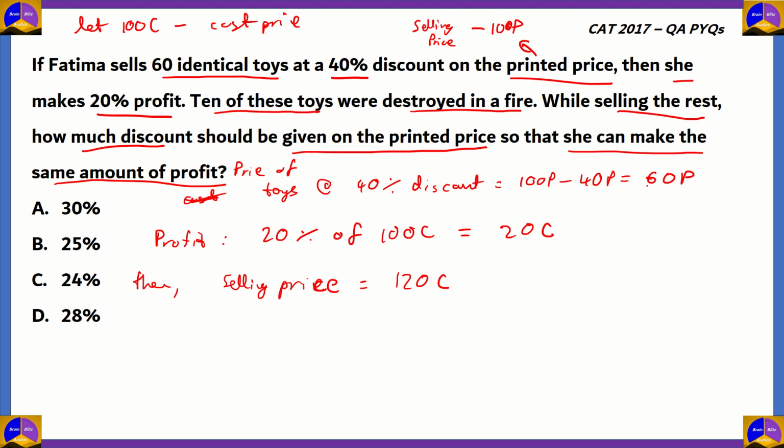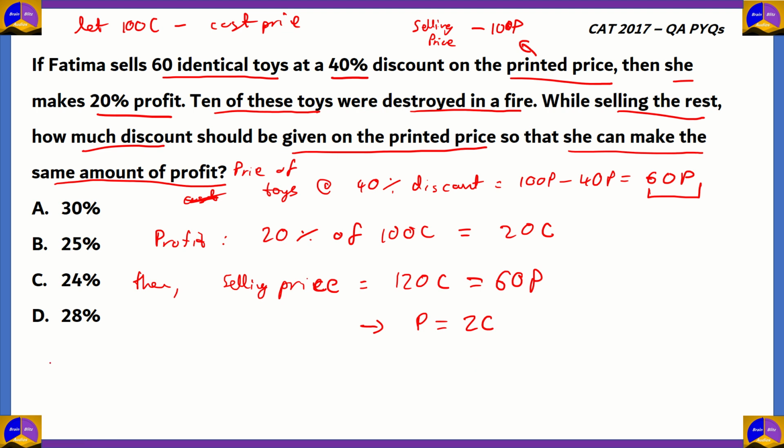Now, we already know that her selling price after 40% discount is also equal to 60p. So 120C will be equal to 60p. Now, from there, we can get the relation P equals 2 times C.